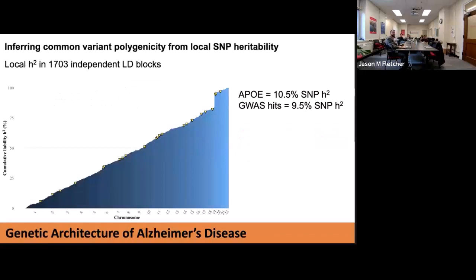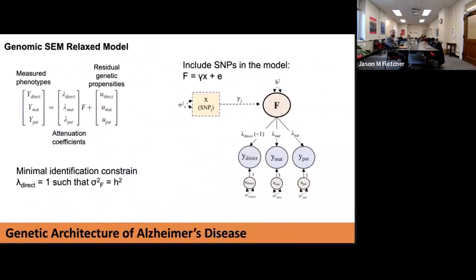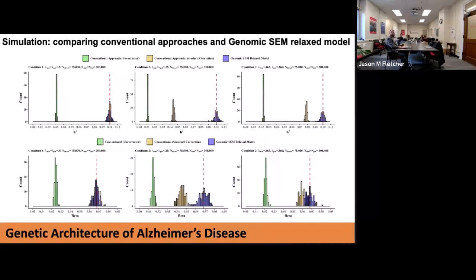inverse variance-based meta-analysis? Yes, actually, in our simulations we compared the performance of our method, represented by the purple distribution. The red dashed line is the true parameter in the population that we simulated data from, and the purple distribution is the heritability estimates from our multivariate model across 100 iterations. The green and the yellow ones are the standard conventional approaches.